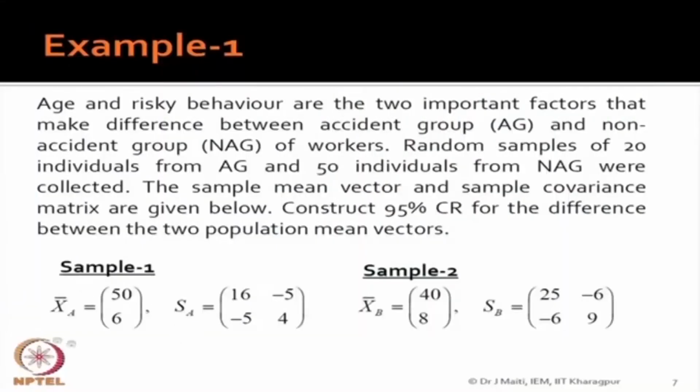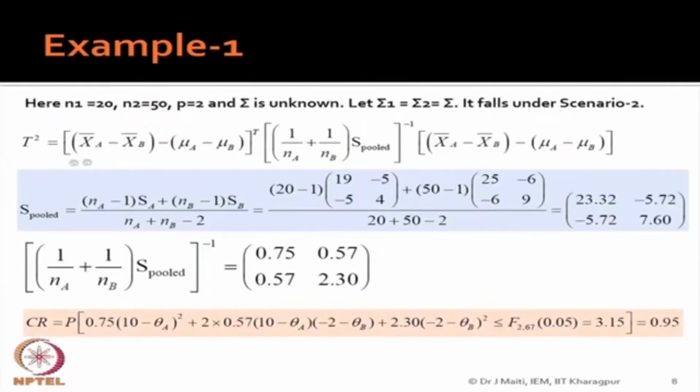It is applicable to quality control also. For example, in Johnson and Wichern one application is given from the police department activities point of view. That part you please check. Suppose this is the case, two populations, and you are getting x a bar, S a, x b bar, S b like this. First you find out the confidence region.